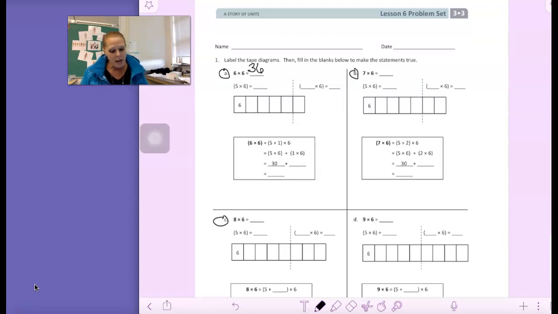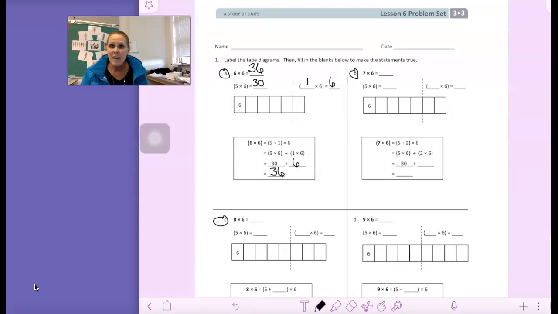So we're going to do 5 times 6 equals 30 because we can count 5 sixes and that's 30. And then we have 1 six left and 1 times 6 is 6. So down here, when we show our addition, 30 plus 6, we end up with 36.